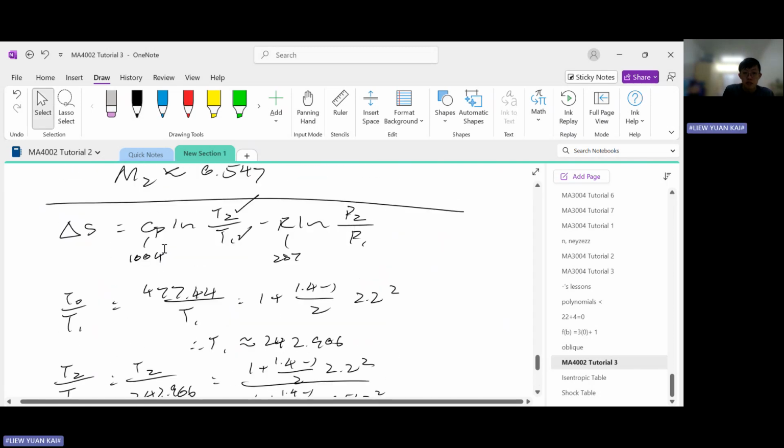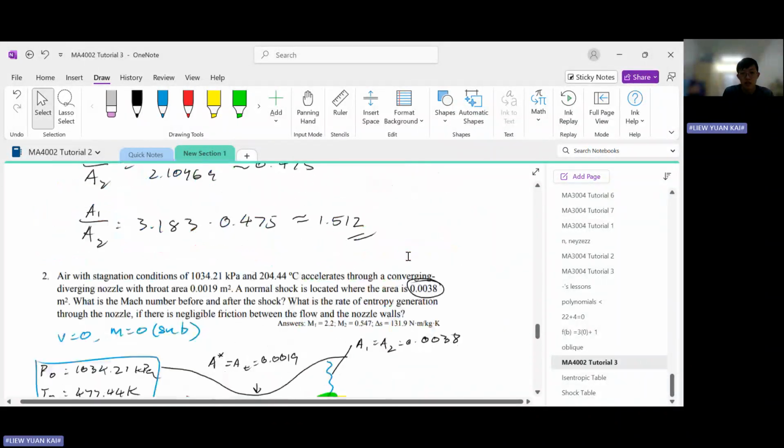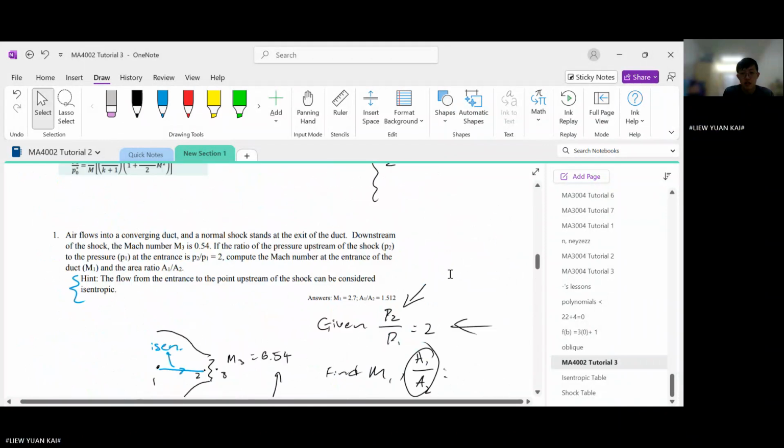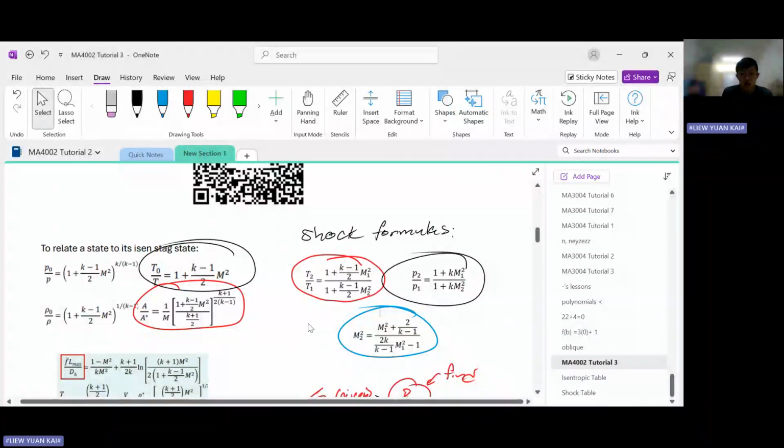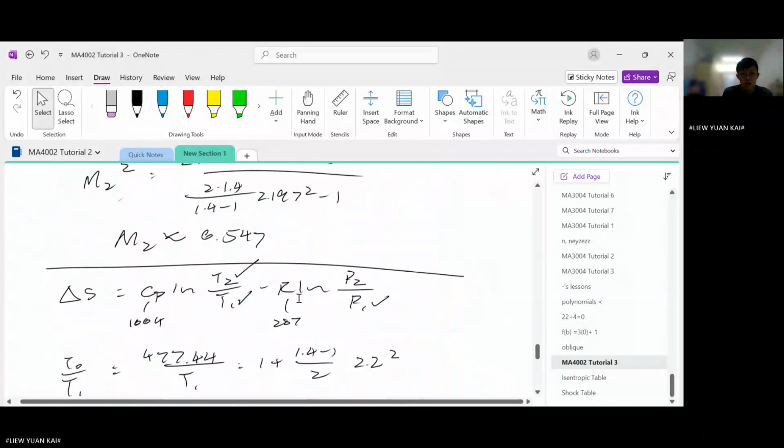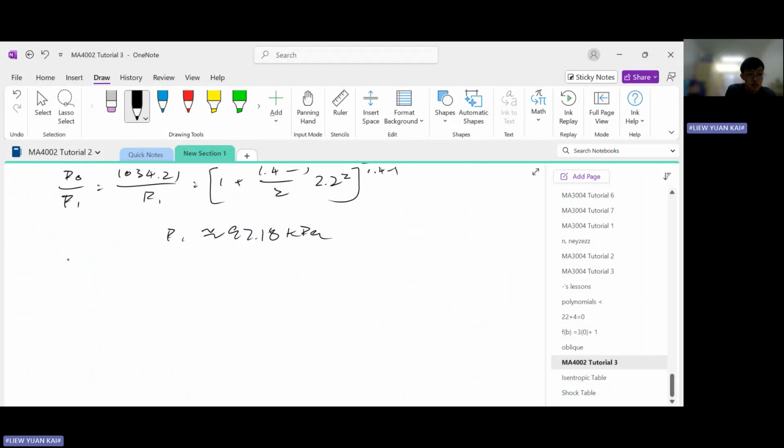Okay, so P1 is found, and then P2, again, you can find because 1 and 2 are related by shock, therefore you use the shock function. So I'm talking about this one. Okay, so P2 over P1. P2 is unknown. P1 is the one we just found.